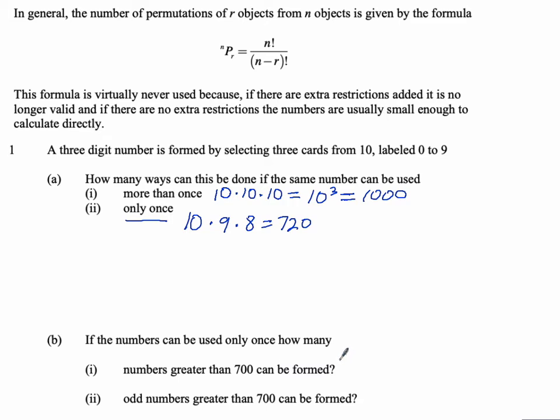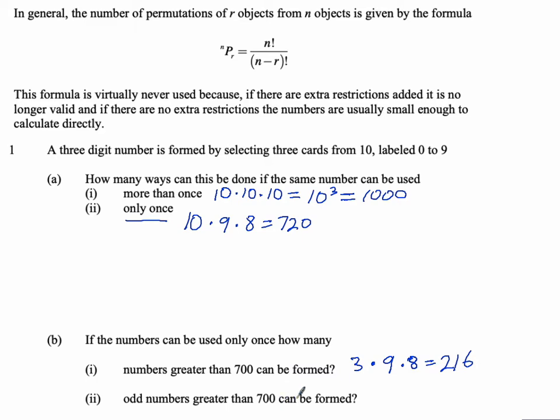Okay, greater than 700 means the first digit has to be 7, 8, or 9. So that is 3 possibilities for the first one. You already used one, so the second digit's got 9 possibilities, and then the last digit has 8 possibilities. Okay? So that all equals 216.